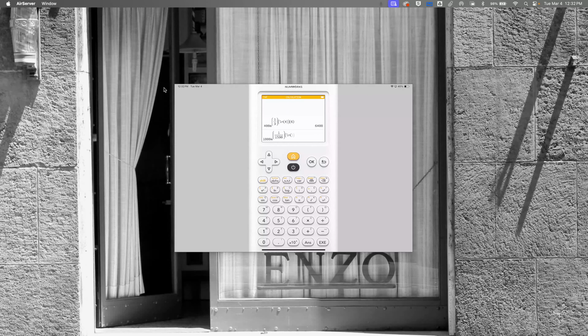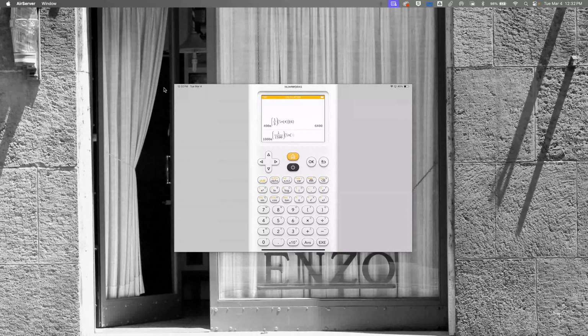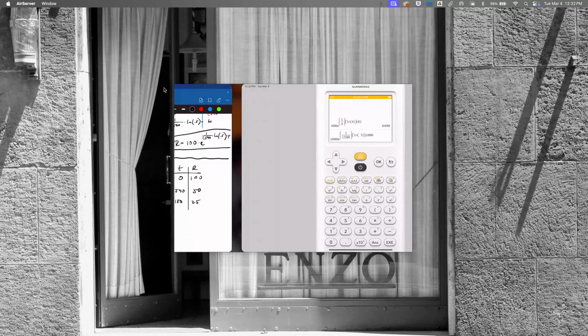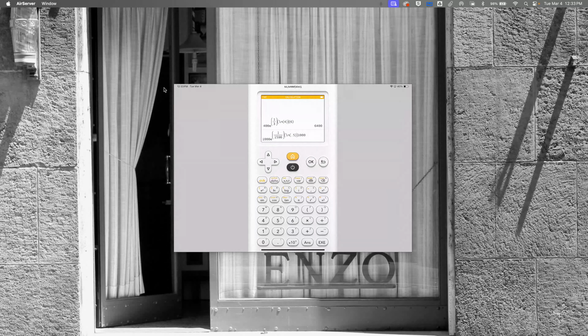Natural log of 0.5 times 1,000, no? Okay.